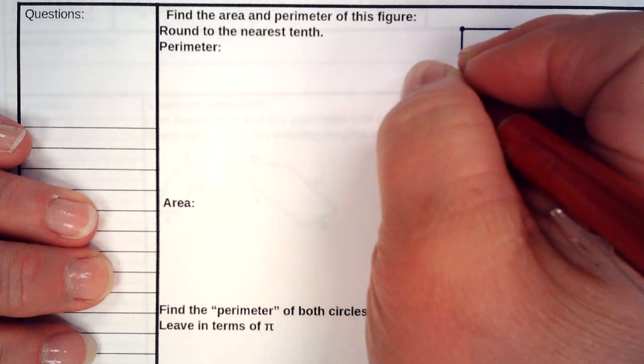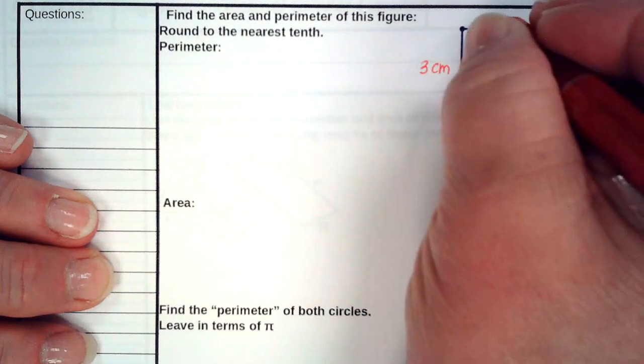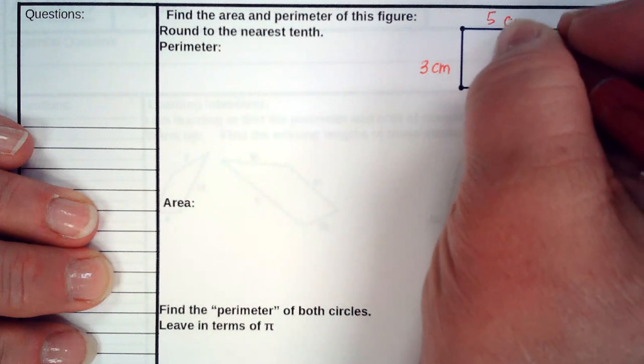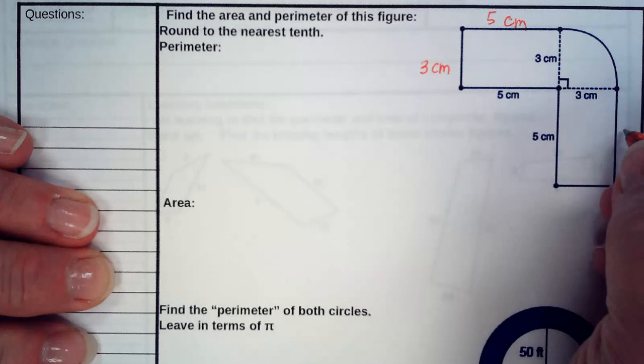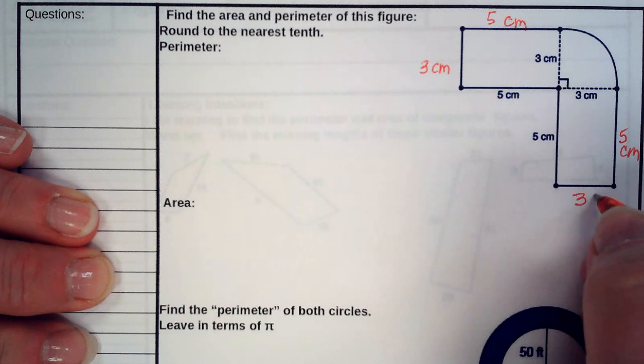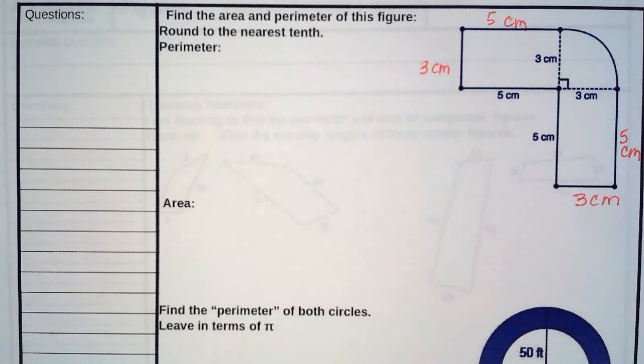We're going to have 3 centimeters here, we'll have 5 centimeters here. This will be 5 centimeters, and this will be 3 centimeters. We've got a missing piece. What does that missing piece look like?